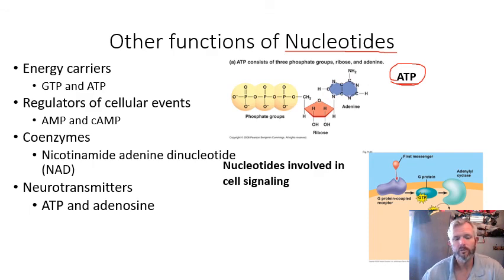Some cellular regulators, we'll see cyclic AMP used as a second messenger when we start getting into cell signaling. When we go into cellular respiration, there are coenzymes, nicotinamide adenine dinucleotide, NAD. You'll love this molecule when we get to cellular respiration.